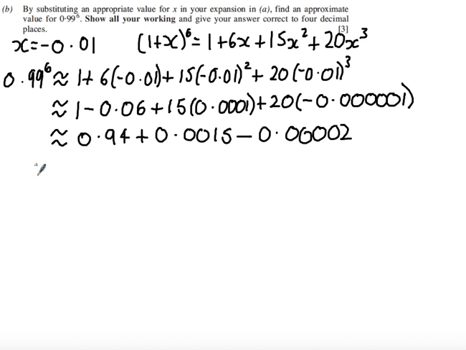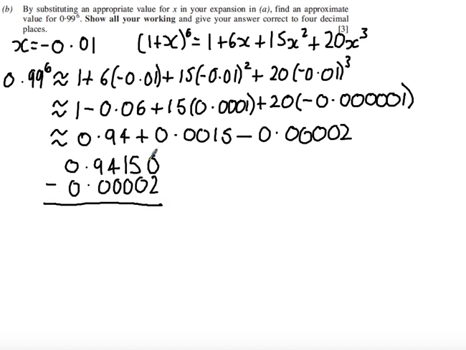Now, easiest way to carry out this will be just to simply take 0.94 plus the 0.0015. So that bit's easy. 0.94 plus 0.0015 will give me 0.9415, and I'm just going to subtract 0.00002 from that. So put in a 0 at the top.